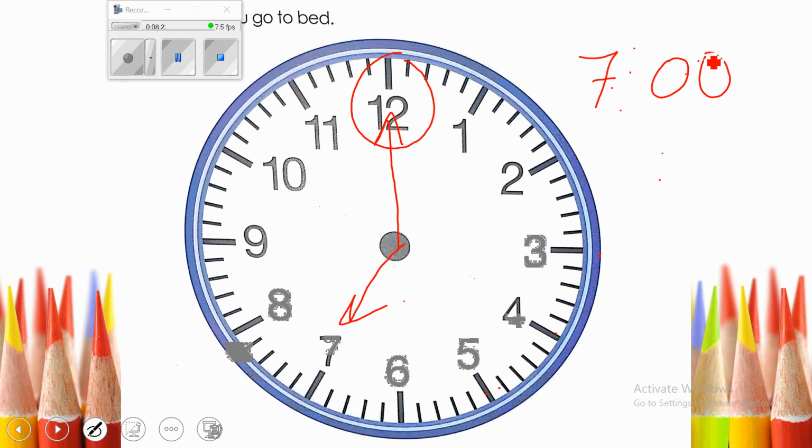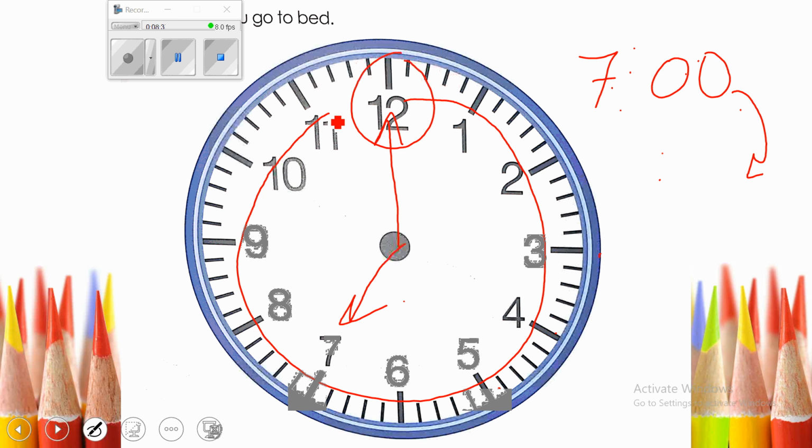Perfect. I'm asking you to add 1 more hour. So I am moving the minute hand a full round and the hour hand will move 1 jump. So the hour will be 8 o'clock.